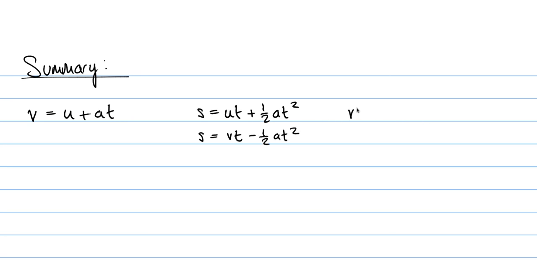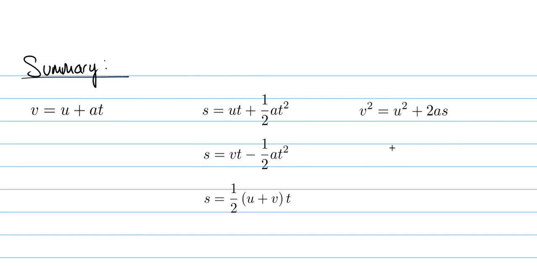We've got this odd one out here: v squared is equal to u squared plus 2as. And we've got the other area one: s is equal to half u plus v, t. And now we can use some magic. Boom. Okay, we fixed the handwriting a bit. But there we go. There are our 5 SUVAT equations.